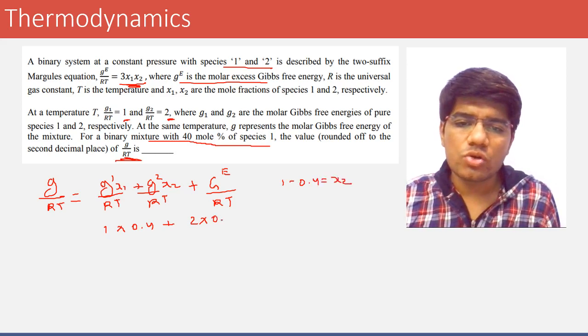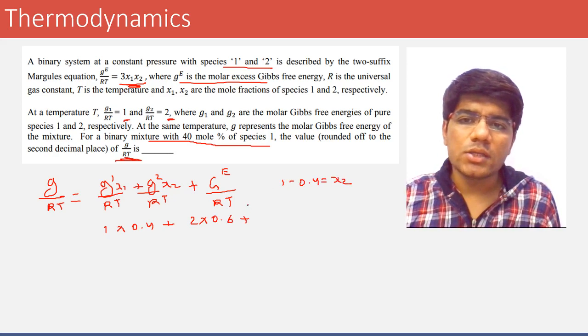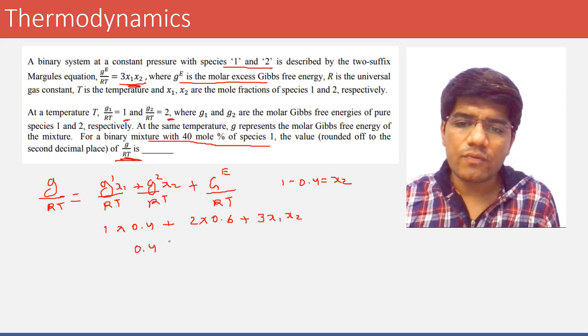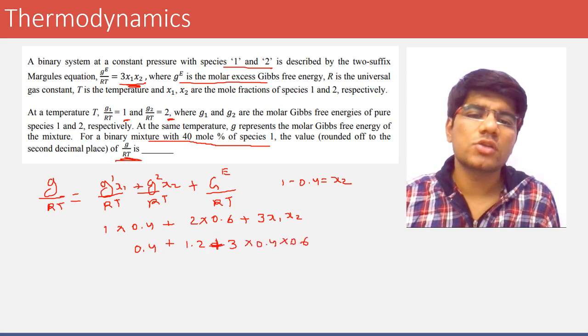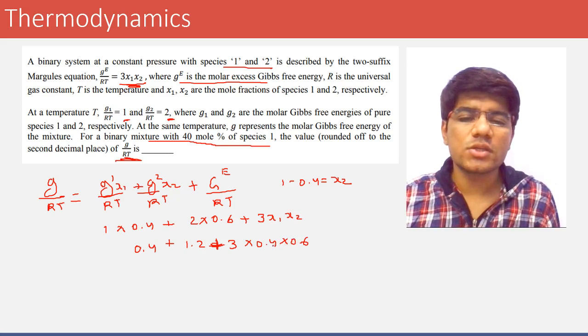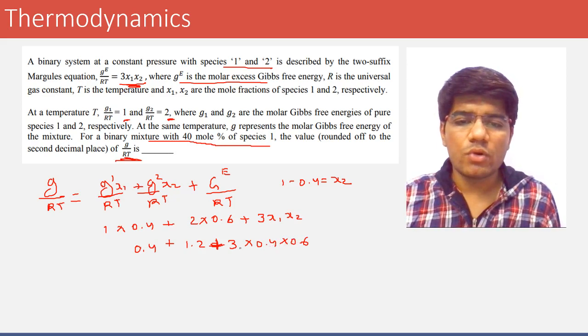So this is 0.4 plus 1.2, plus GE upon RT. GE upon RT is given as 3x1x2, so 3 into 0.4 into 0.6.